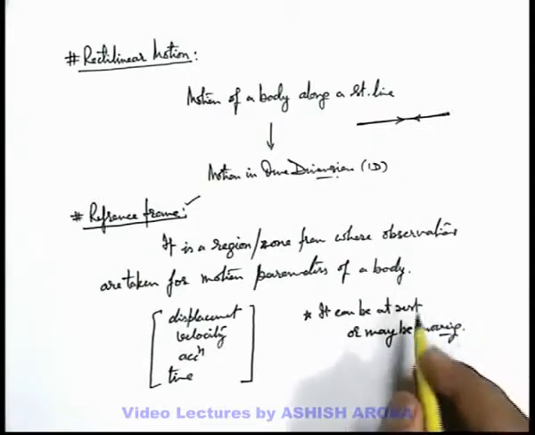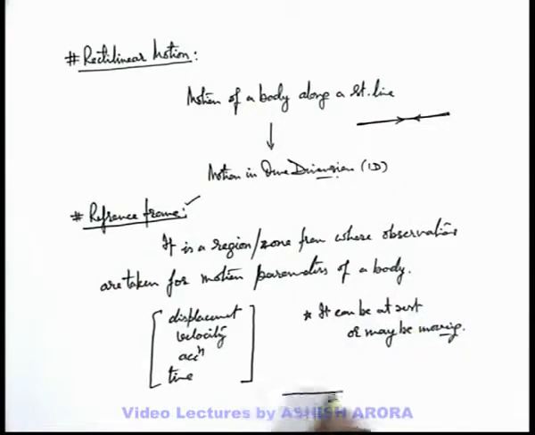For example, if you are standing on the ground and looking at a body which is moving at a speed of 10 meters per second, then in your reference frame, or with respect to the ground, we can say the body is moving at 10 meters per second. But the same body, when observed by a boy standing on a skateboard which is also moving at 10 meters per second, will appear to be at rest.